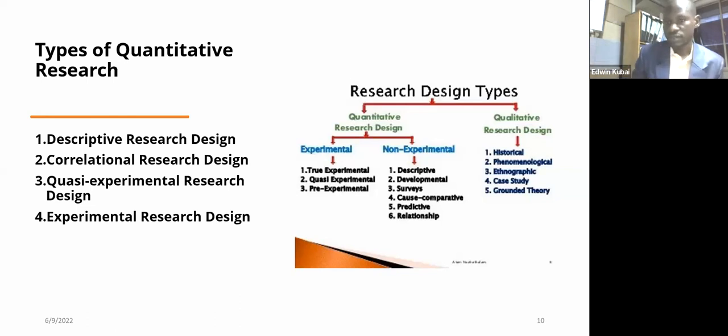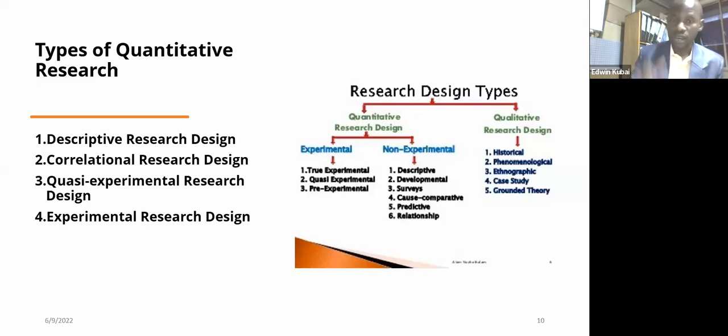For qualitative, we may not be looking at it here because this is purely quantitative, but for qualitative research design you can look at historical, phenomenological, ethnography, case studies, or grounded theory. But for quantitative, basically we have the four.